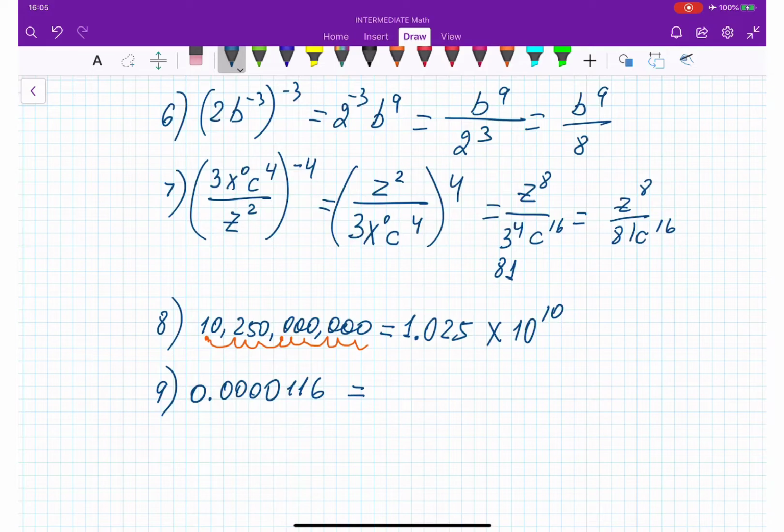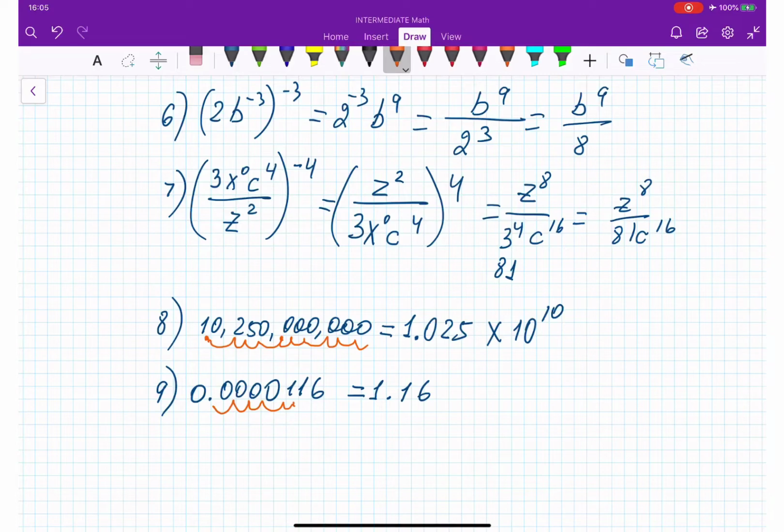Okay, so I'm going to write down 1.16. It was a small number, I made it big, so I have to reduce it how many times? Let's see, I put the point here, so I'm going from here, 1, 2, 3, 4, 5.